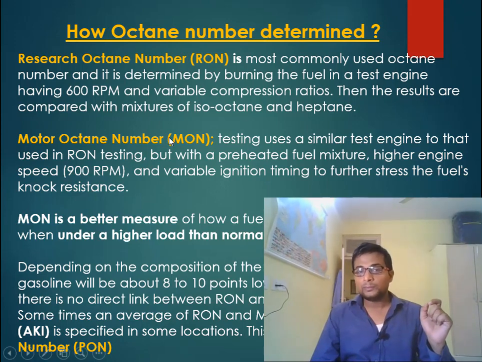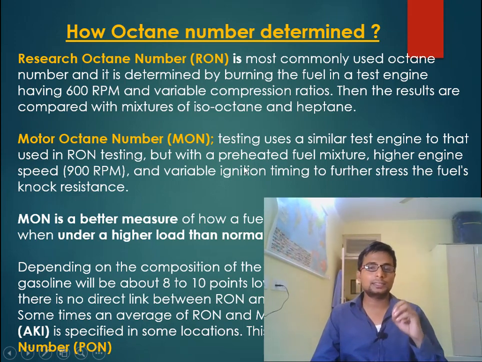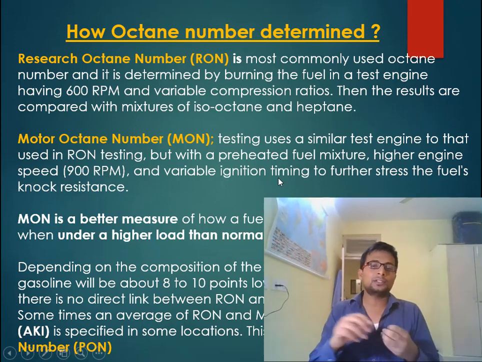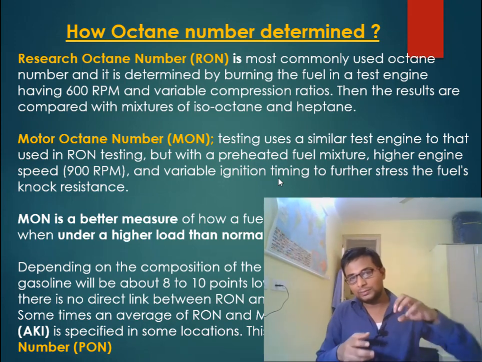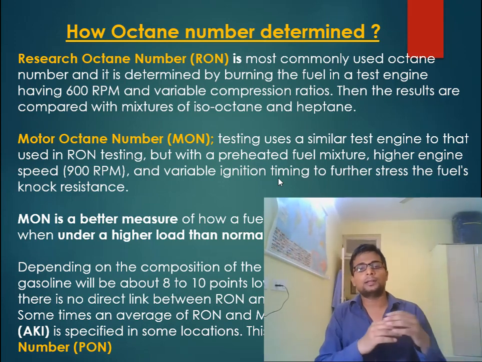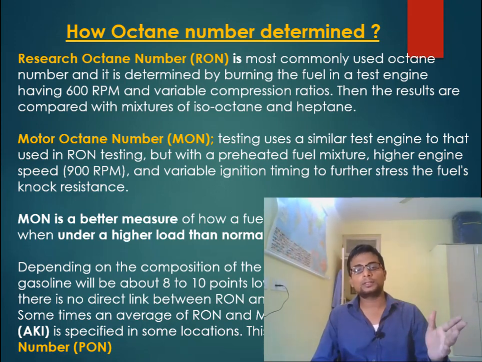Now in motor octane number, the test of fuel is done in a similar test engine but under different conditions. For example, in this case the fuel is generally preheated, the RPM of the engine is say 900 RPM, and the ignition timing is also variable. So basically we are stressing the fuel further, and the resulting octane number is called motor octane number.